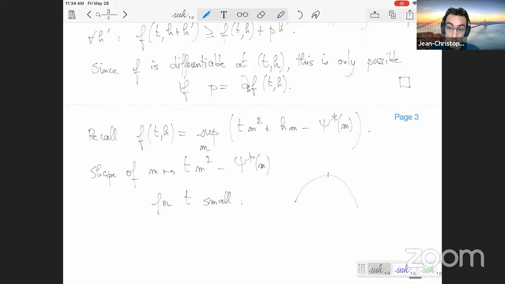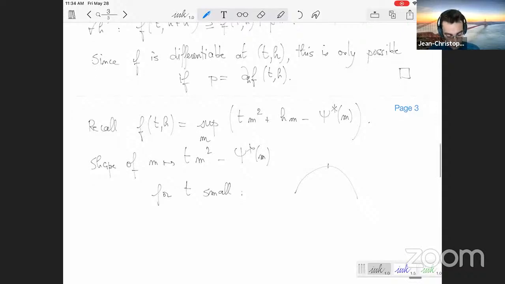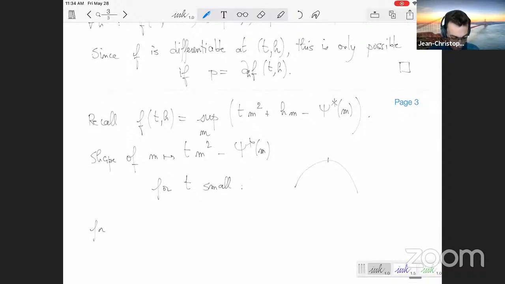For t small, I say that it's at 0. But for t large, initially we had this minus psi star, which was a downwards parabola, or at least it has the shape of a parabola, roughly. And we're adding a parabola, which as t increases becomes more and more sharply peaked.